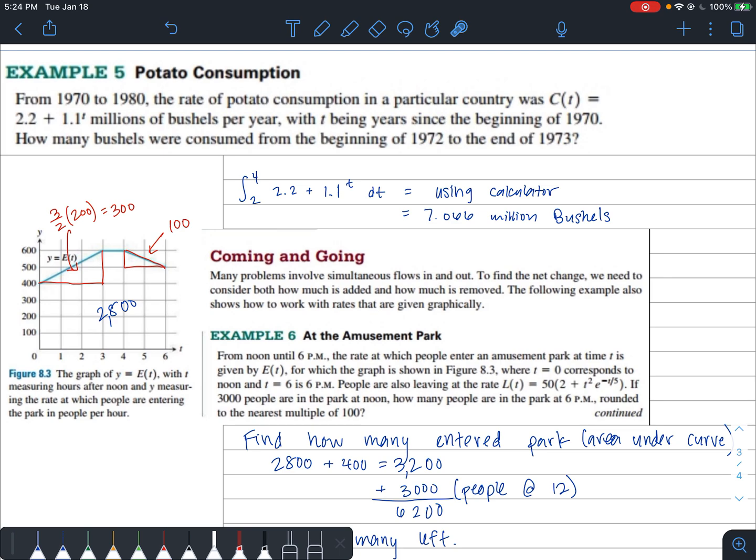Which means that if I integrate, I'm finding how many bushels, okay? Not a rate, but how much, okay? So basically, I'm just going to take the integral from 2 to 4 of this function. You can use a calculator, and you can come up with this number right here, which gives you 7.066 million bushels, okay?